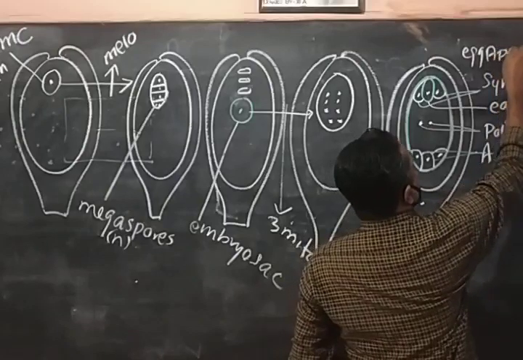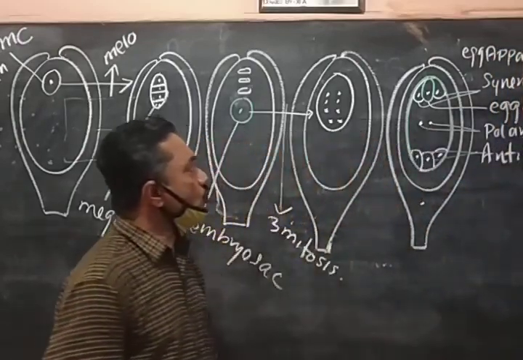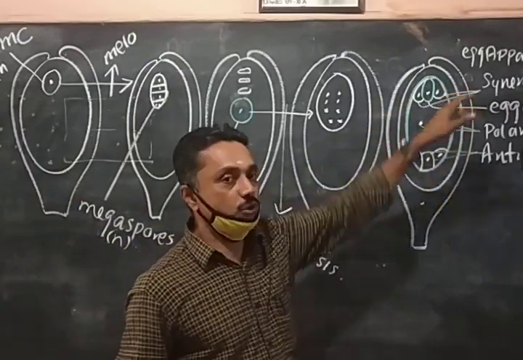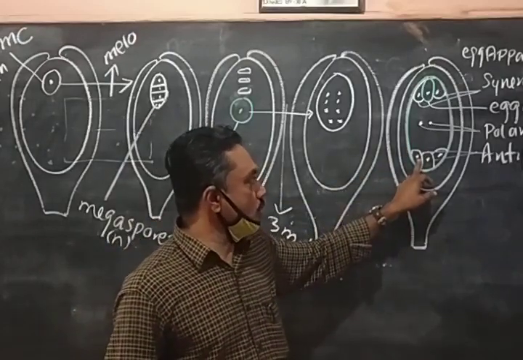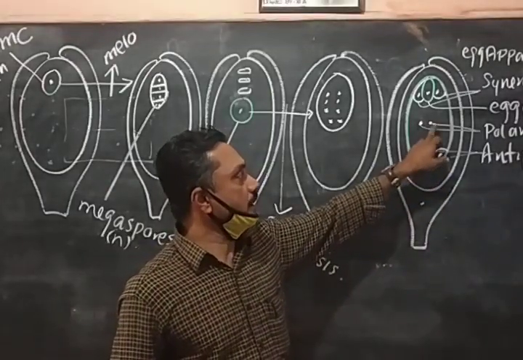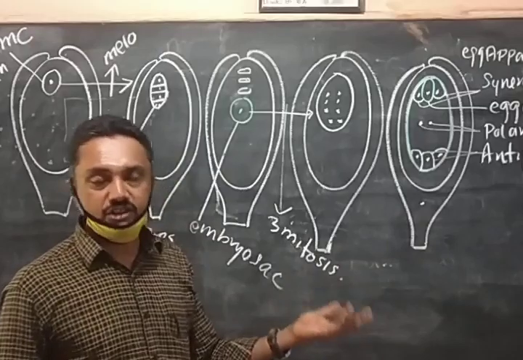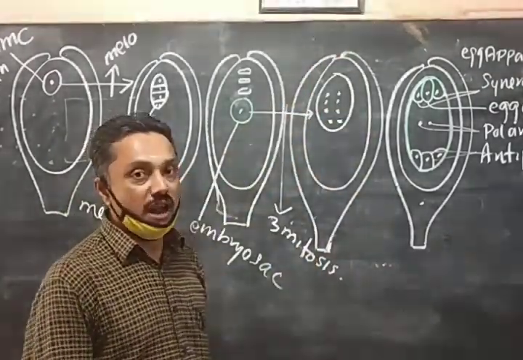The 3 cells on the opposite side are called antipodal cells, and the 2 at the center are called polar nuclei, which later join to form the secondary nucleus. So this is the mature embryo sac.